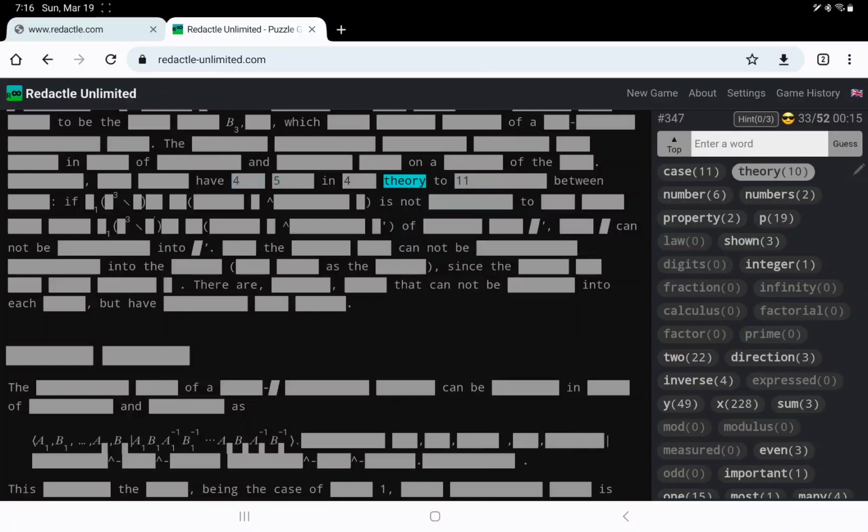Have 4, 5 in something theory, to 11 between 5. There's some word like contiguous or something to do with sets, but I can't remember what it is now.